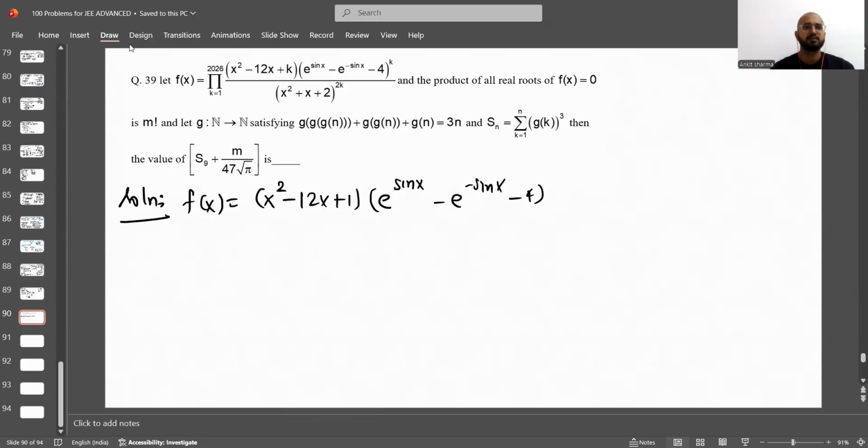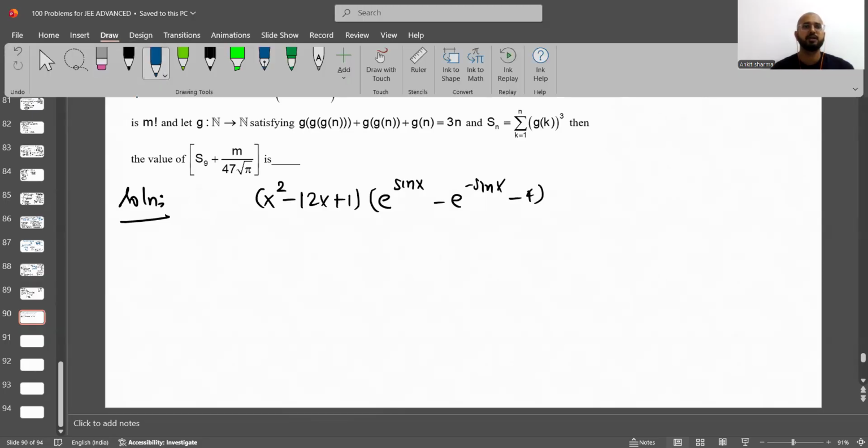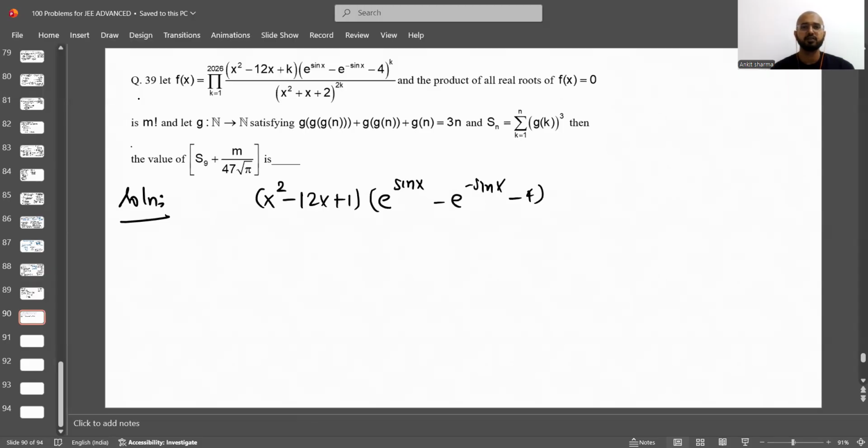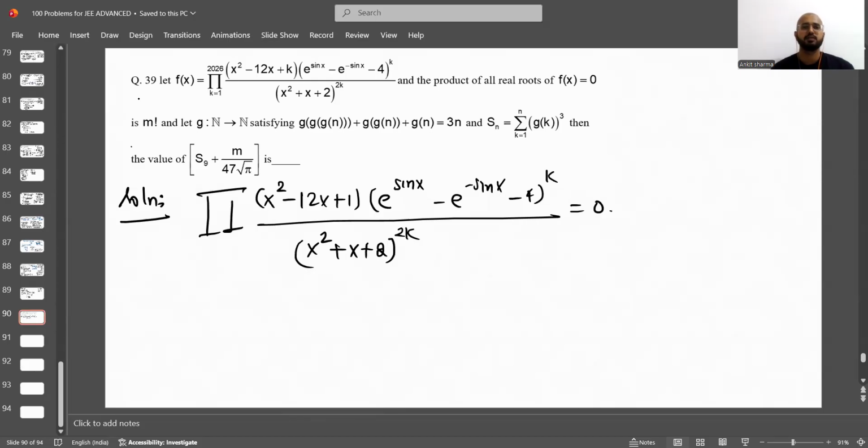There is no point in writing everything here, because ultimately all of them will be multiplied, so I can leave k only. This over this thing being multiplied, x² plus x plus 2 to the power 2k. This is equal to 0, so the total product is going to be 0. Now let's see here.